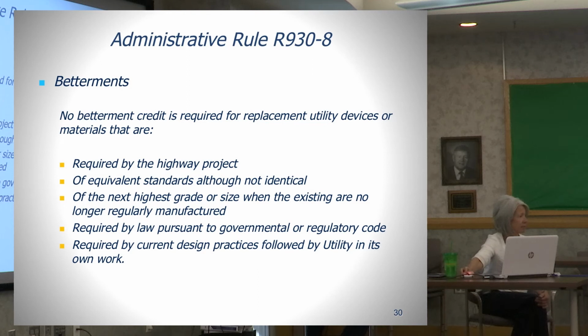Betterment credits, again, this is from the Code of Federal Regulations. It's repeated in the rule. No betterment credit is required for replacement facilities or devices that are required by the highway project, of equivalent standards, although not identical, of the next highest grade when the existing grade is no longer manufactured, required pursuant to any governmental or regulatory code, or required by the current design practices followed by the utility in its own work.